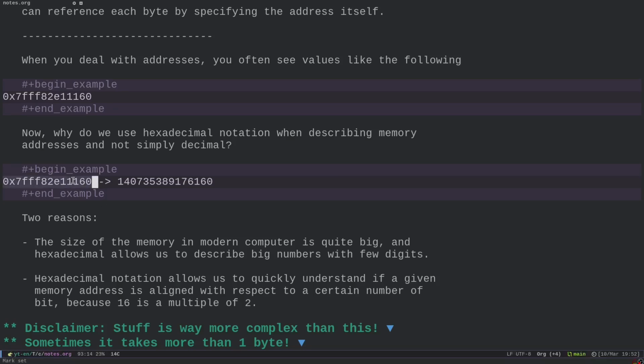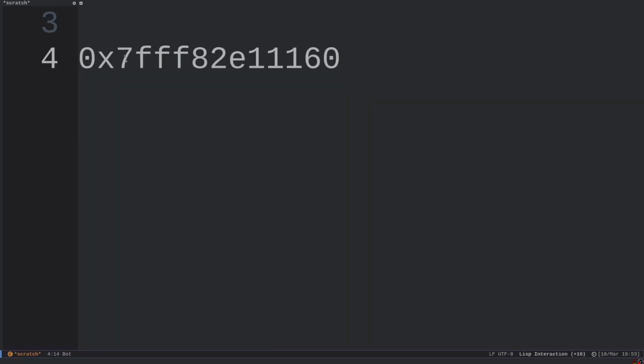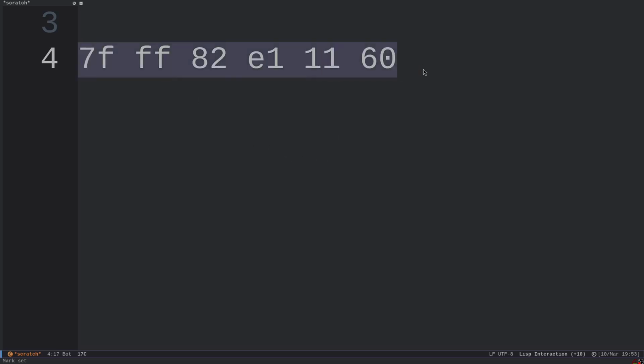Because basically, if we want to go from this address to the bits that make up this address, we start from this. Now we can remove the 0x, which is just a simple notation to describe that we are dealing with hexadecimal notation. Then we can take every couple of digits, and every couple of digits represents a single byte.